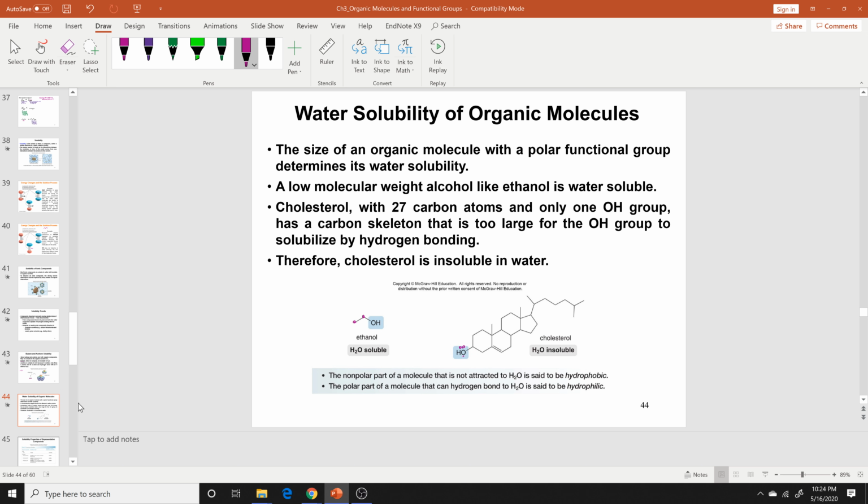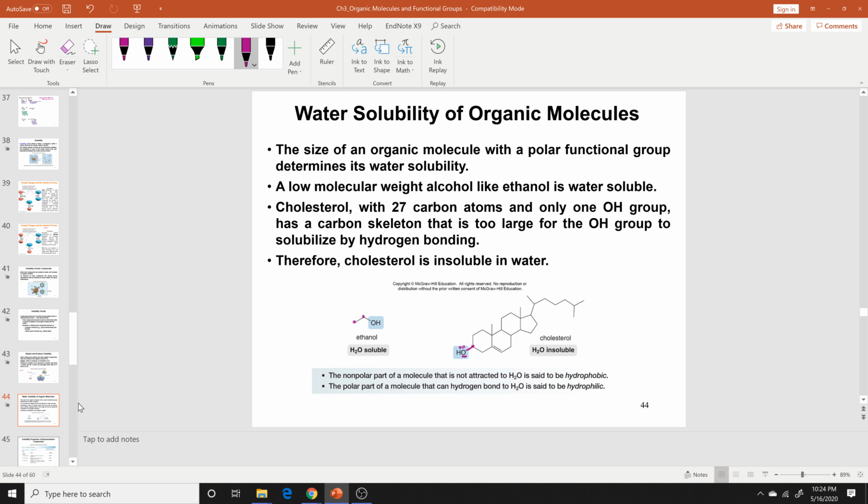The polar bond is basically a must, but it's not enough for the compound to dissolve in water. For a compound to dissolve in water, it should have 2 things. It should have a polar bond and it should have no more than 5 to 6 carbons. This is the max.